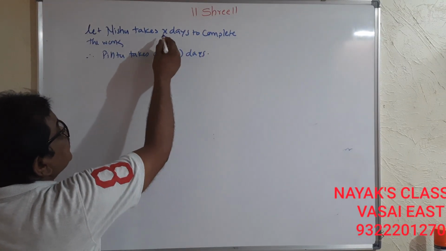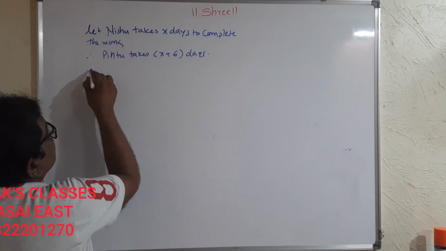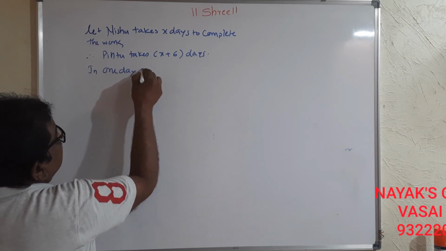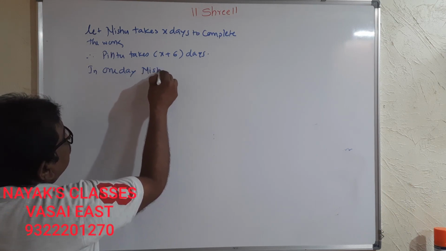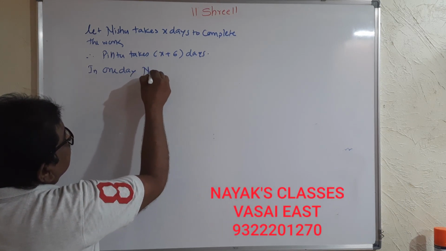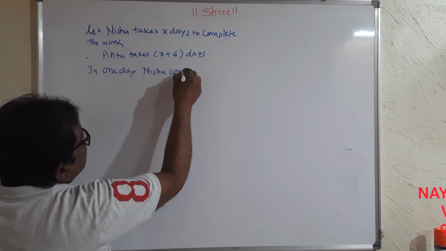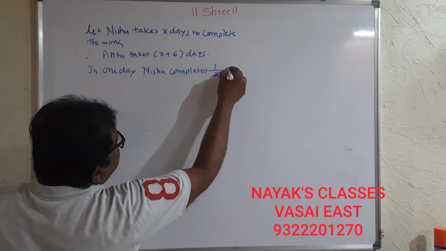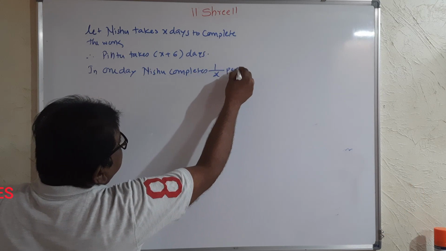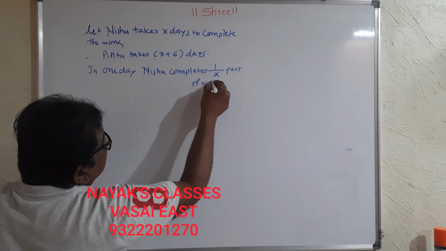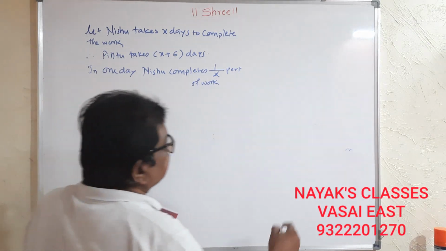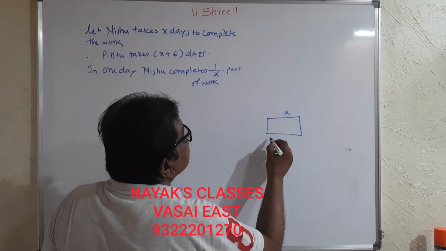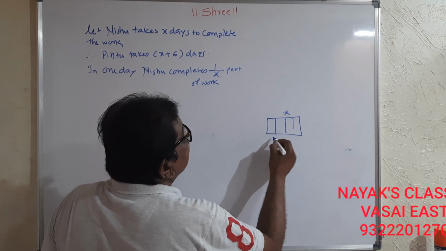So Nishu completes the work in x days. So in one day, Nishu completes 1 upon x part of work. See, I will explain this idea. There is a work, total days it takes x. So part will be 1 upon x.